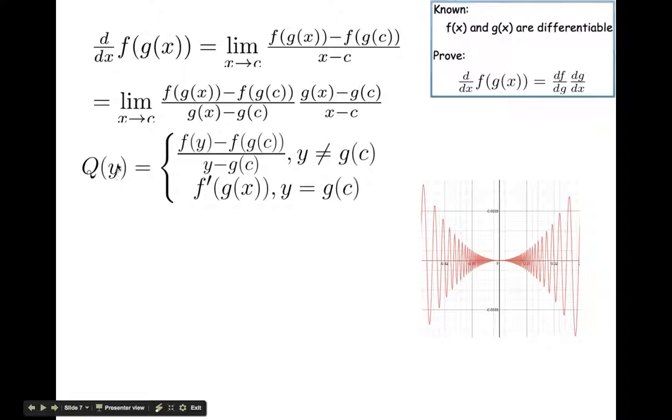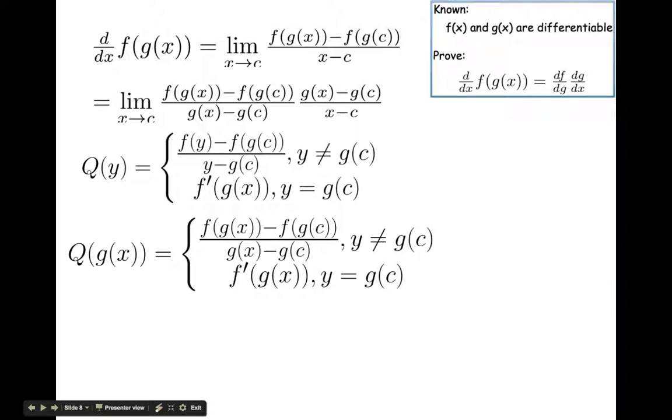So in order to get around that problem, we have to define a new piecewise function, q, such that q of y is equal to f of y minus f of g of c divided by y minus g of c, when y is not equal to g of c, and when y is equal to g of c, we'll have a workaround and just say that q of y is the derivative of f with respect to g.